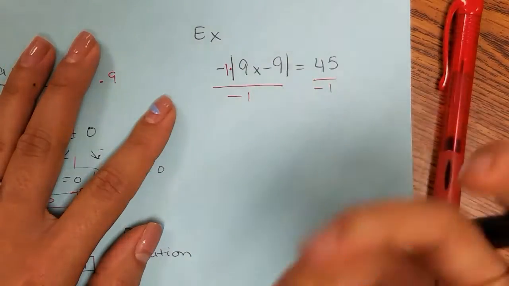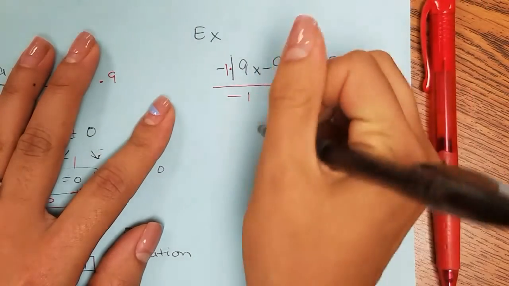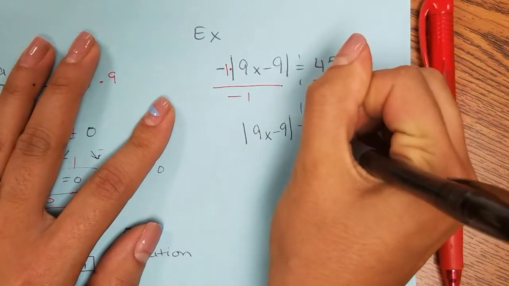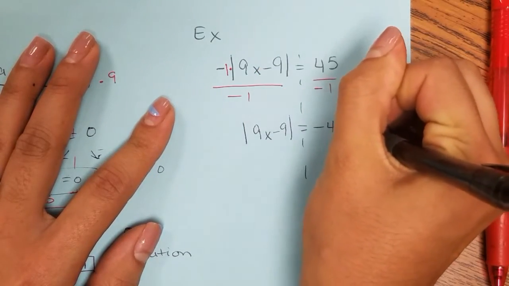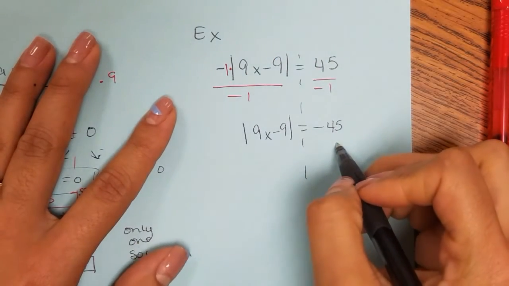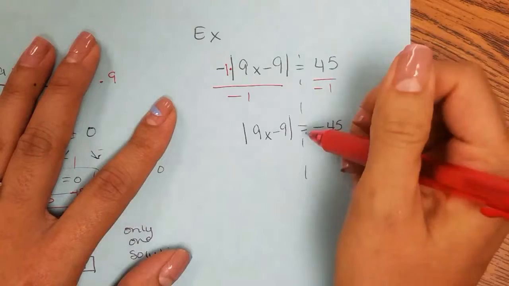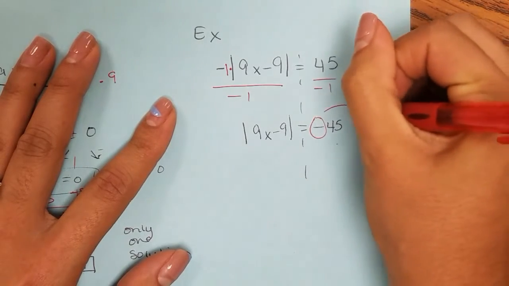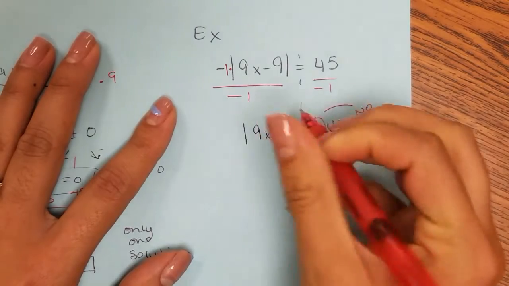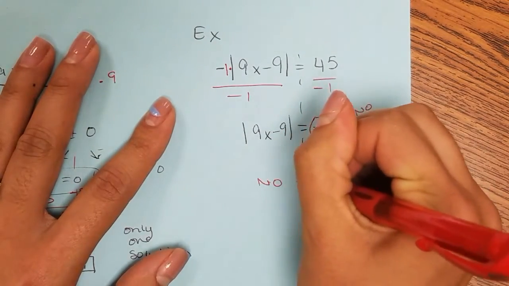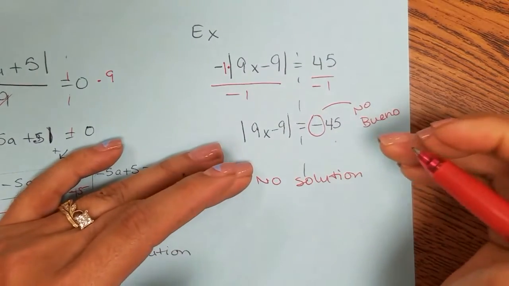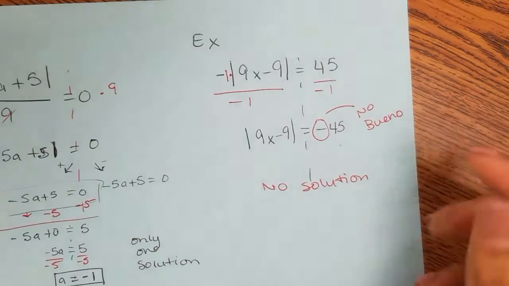So those negatives will go to a positive, and you'll have the absolute value of 9x minus 9 is equal to negative 45. Once you get this by itself, you have to check this negative, and it is. Okay, that's a negative number, which is no bueno, and we can't solve it, which means this is no solution. Okay, you cannot have an absolute value equal to a negative number.